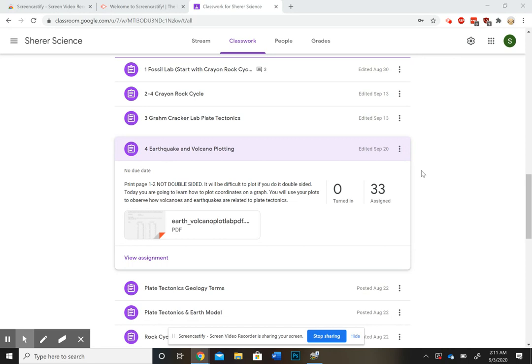Print pages 1 and 2. Do not print them double-sided. It will make it very difficult for you to plot, and that wouldn't be very fun.